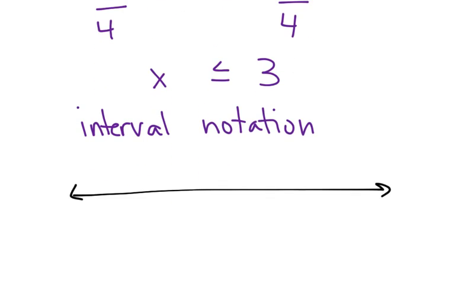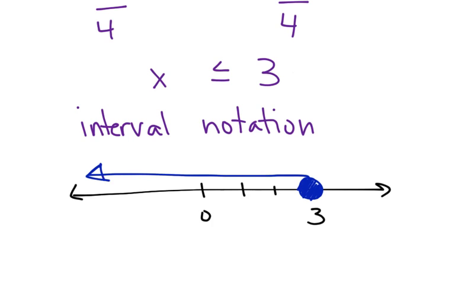So in order to graph that on the number line, you would put a closed circle on 3, and the arrow coming from it would point off to the left. What that blue line says is that x is all the values that are less than or equal to 3.